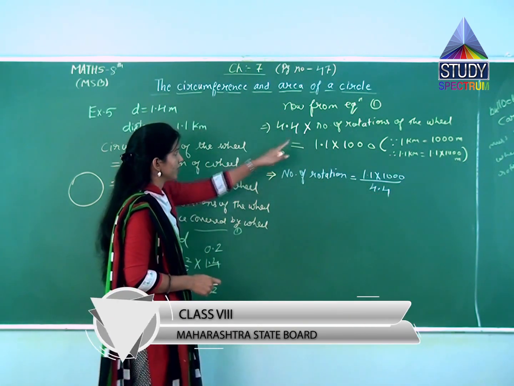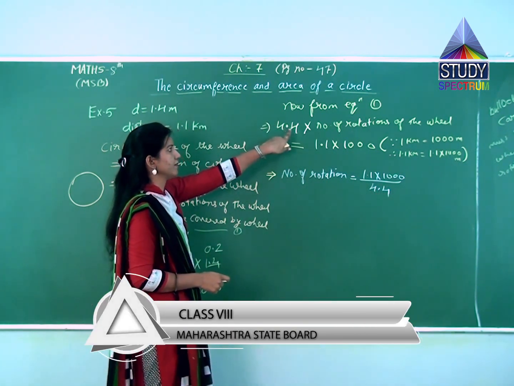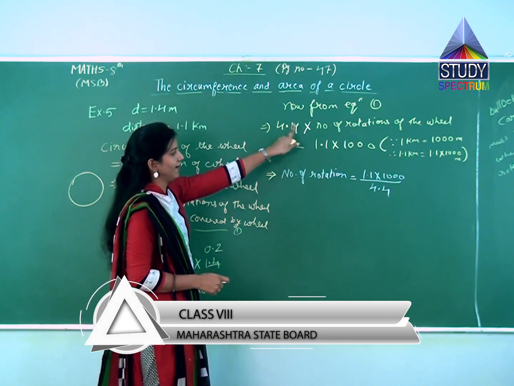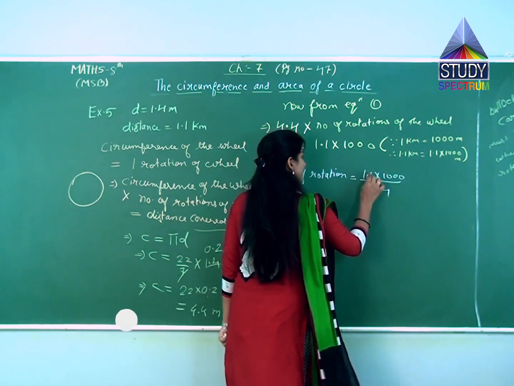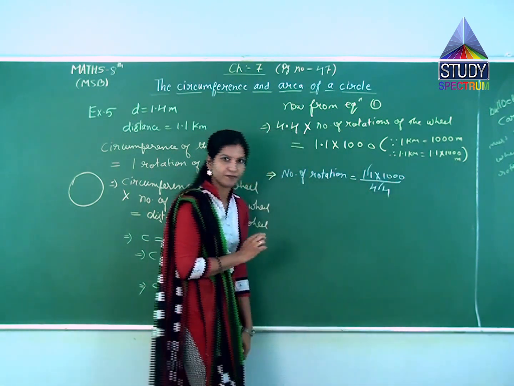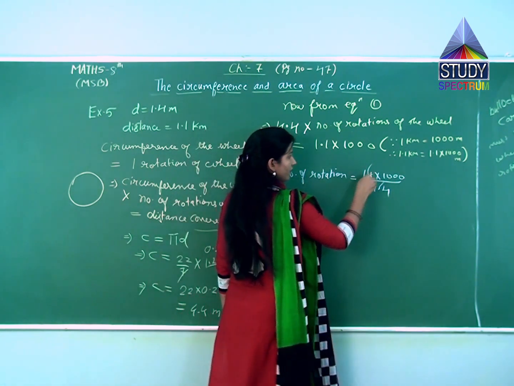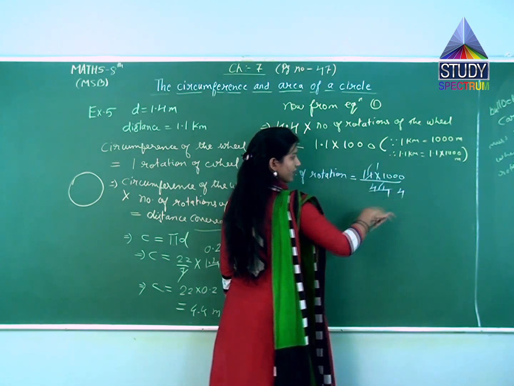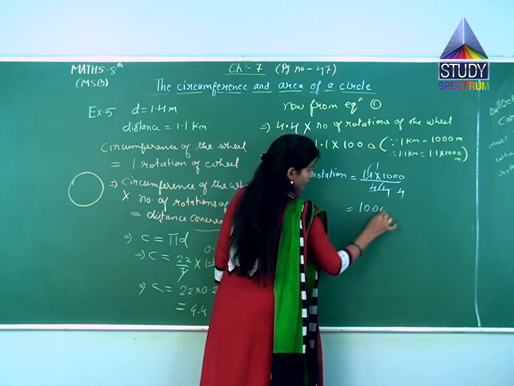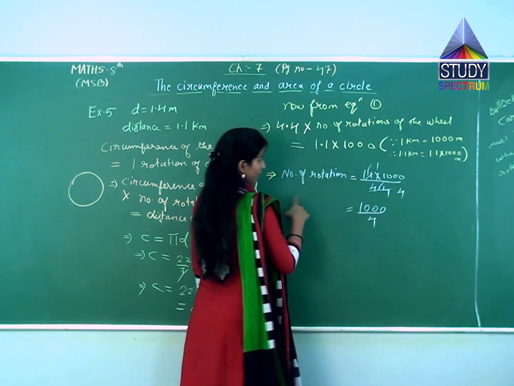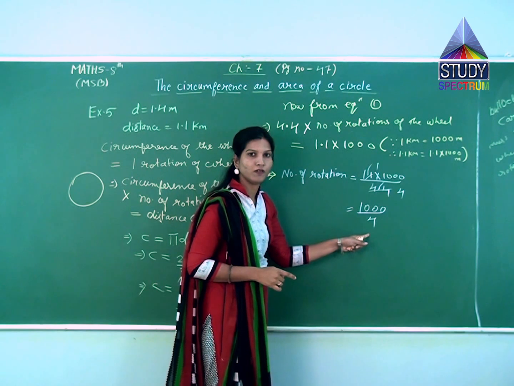Why so? Because this 4.4 is in multiplication, so after going to that side, it will be in division. Now we can cancel out this decimal. 11 ones are 11 and 11 fours are 44. So number of rotations will be equal to 1000 upon 4.